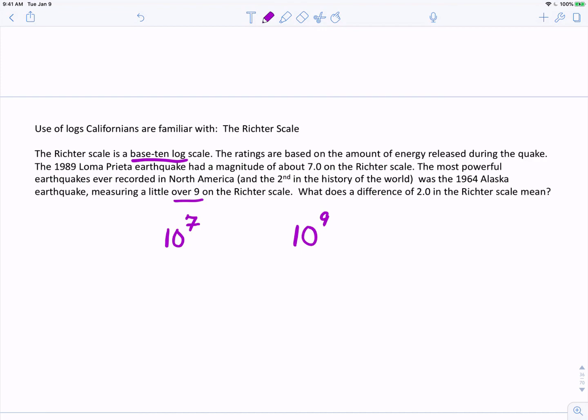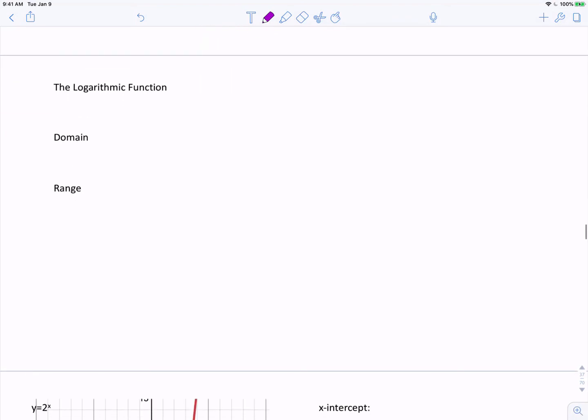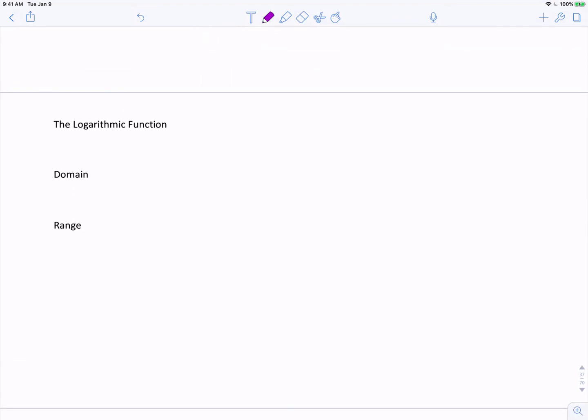That had a magnitude of 10 to the 9th. And if we were to compare these numbers, that means that the difference between these two numbers is 10 to the 2nd, or in other words, 100. So the Alaska quake was actually 100 times more powerful than the Loma Prieta quake. So that's just a little bit of California use of logarithms. Let's take a look at the graphs of the log function.